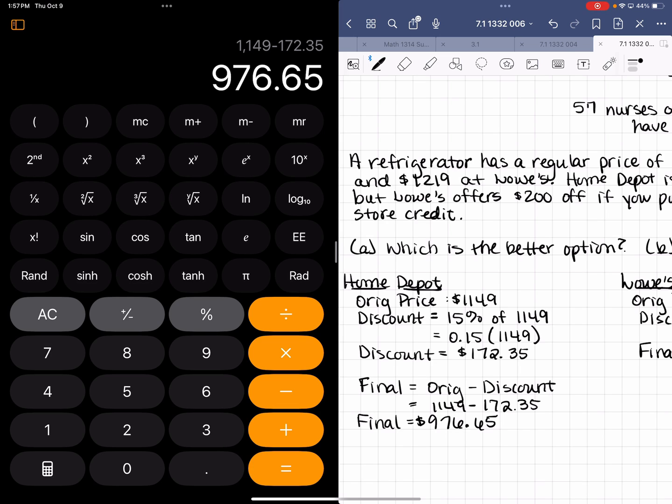So who has the better deal? Home Depot. I knew somebody was going to say that. I honestly agree with you. Always Home Depot. Jokingly, in our family, we call Lowe's slows. I apologize if your dad or husband or somebody is a manager at Lowe's.